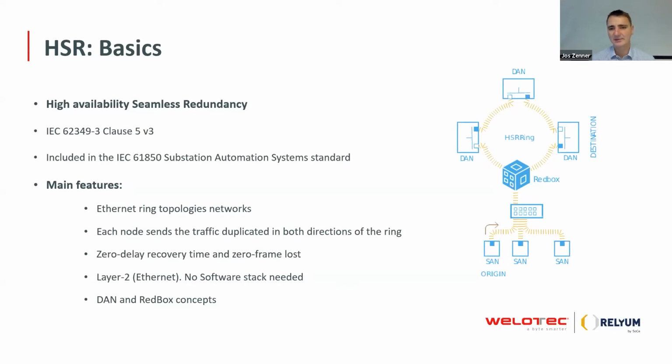So you have ring technology and don't need additional switches to run it. Same as PRP, HSR is also defined in the IEC 61850 standard family and made for substations and especially digital substations. And which is also important, it's also a layer 2 protocol. So also for HSR, you don't need any additional software stack for your application.